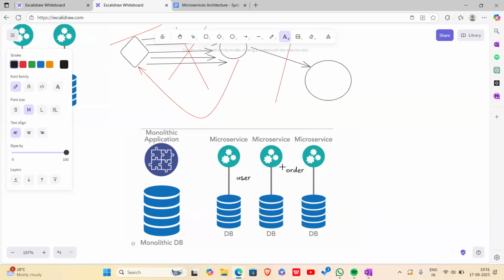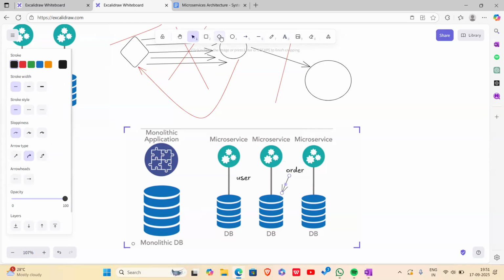All the orders are stored in the orders database, and all the user details are stored in the user database.